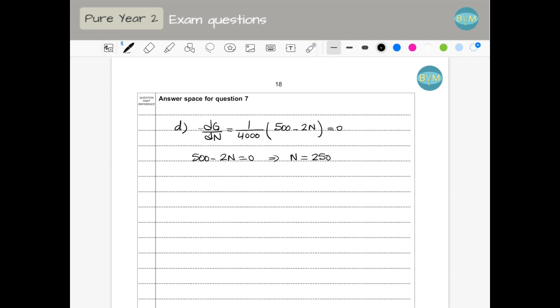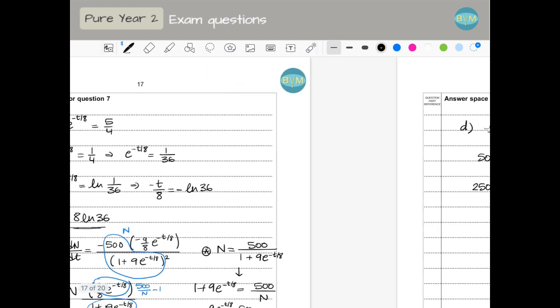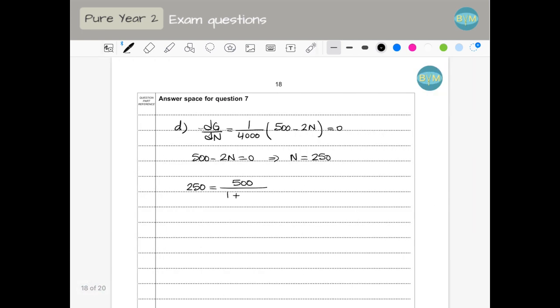They ask for the weeks, so what we are going to do is to make n equal to 250 in our expression for n. 1 plus, it was plus 9 e to the power of minus t over 8.